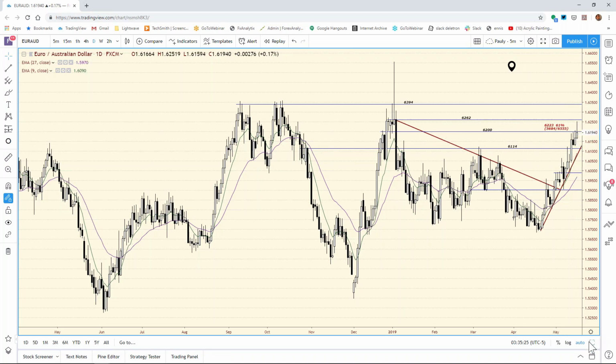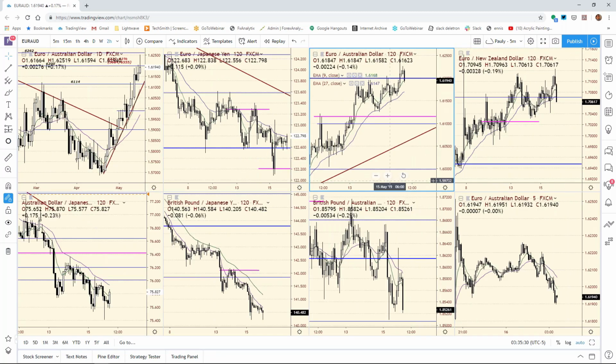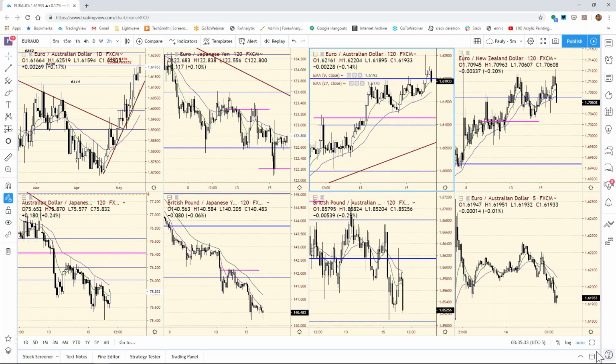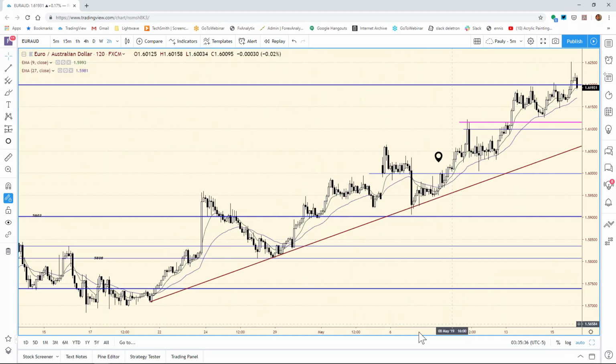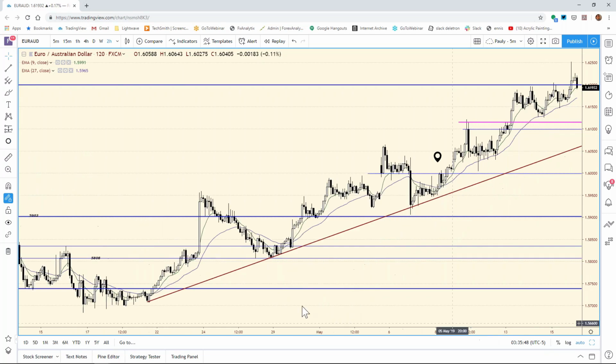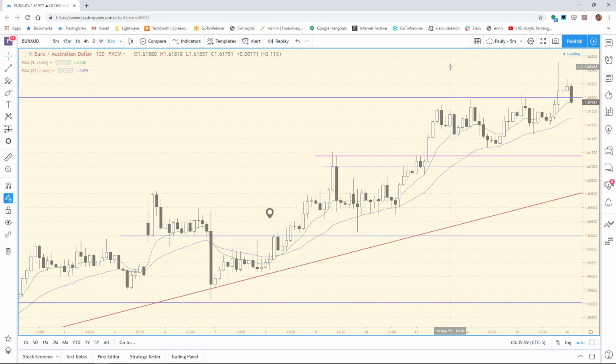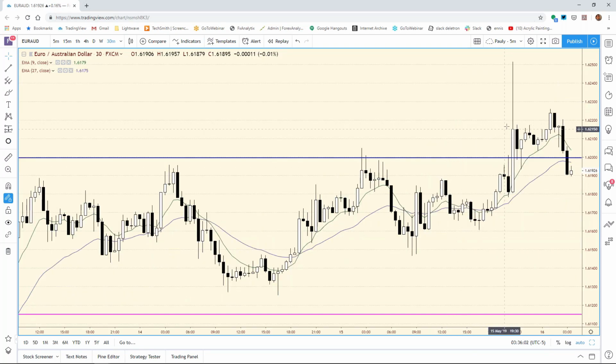Resistance at this point, see 62.16. We'll take a look at it on a 30. Yeah, 62.17.